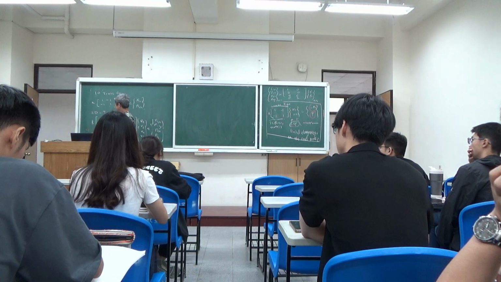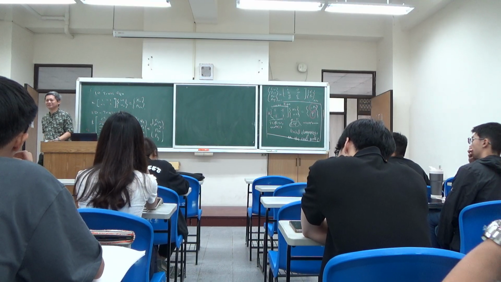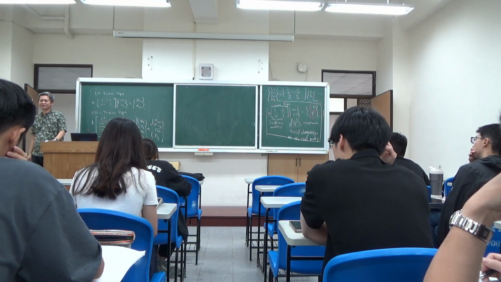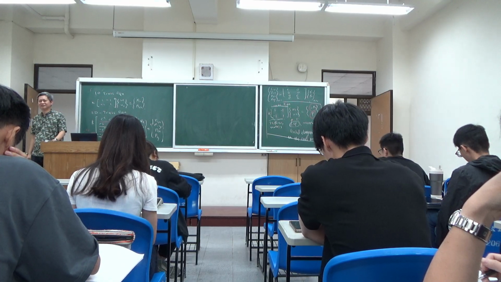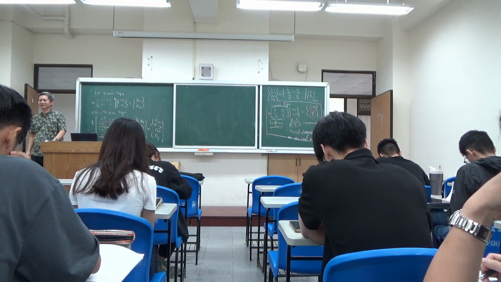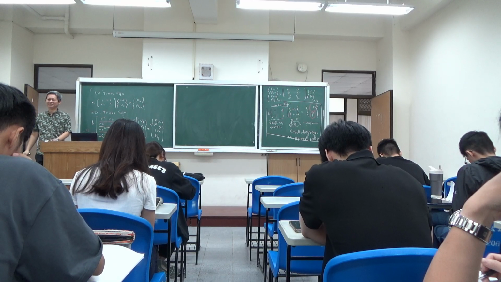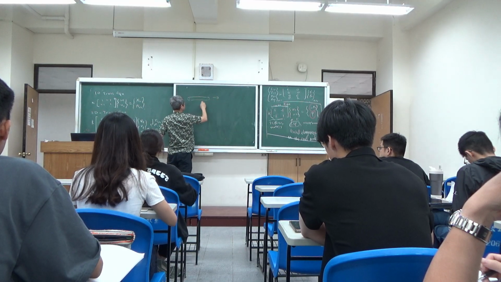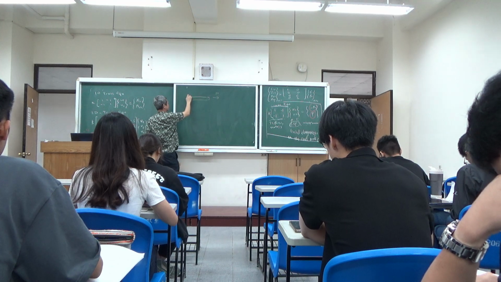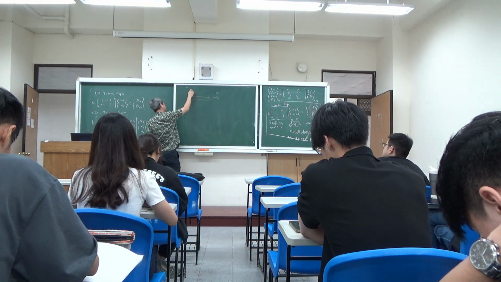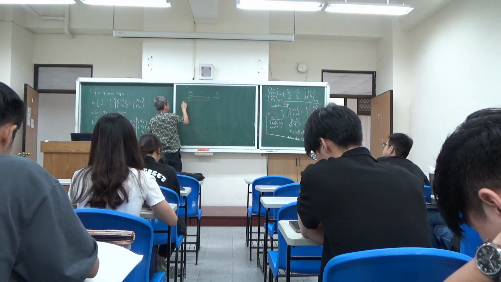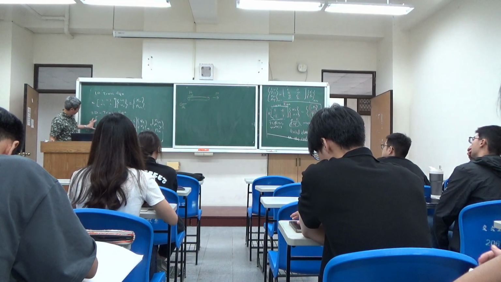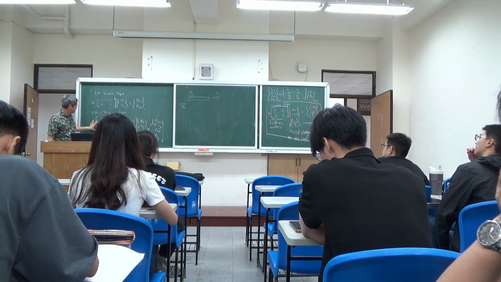Why are these two positive and negative? So the first and the third are for the x direction.